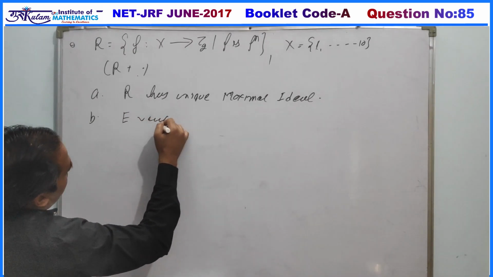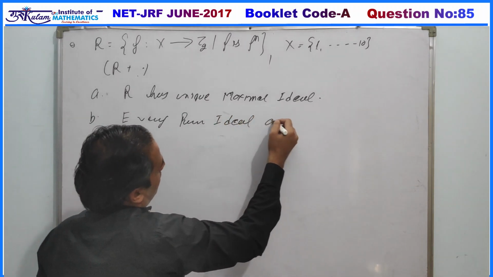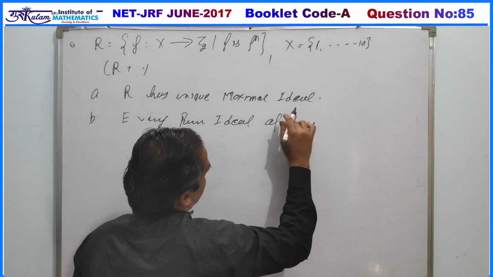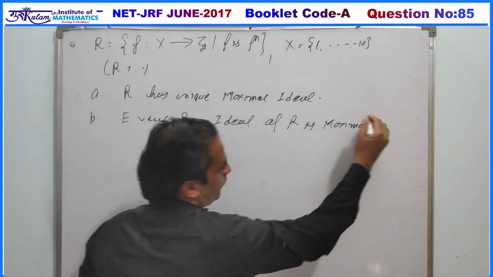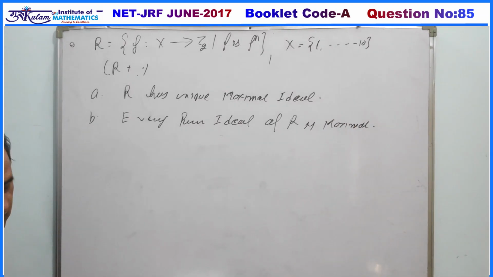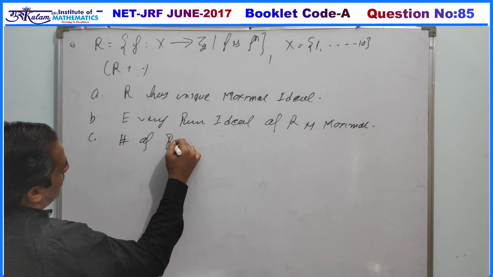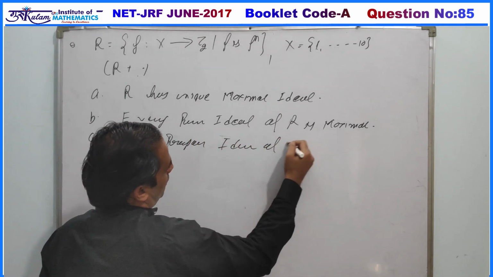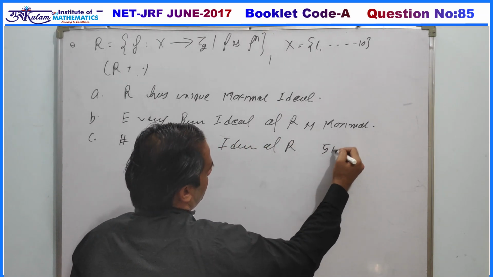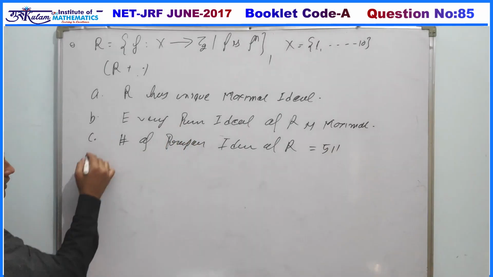And the third one is the number of proper ideals of R is 511. And every element of R is idempotent.